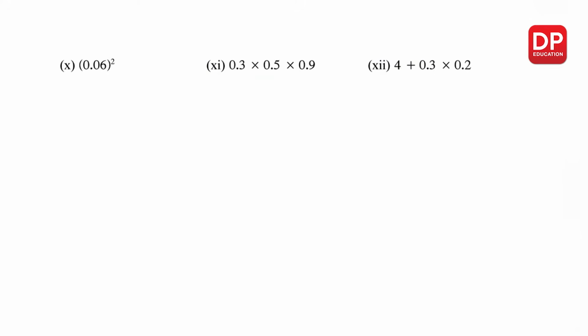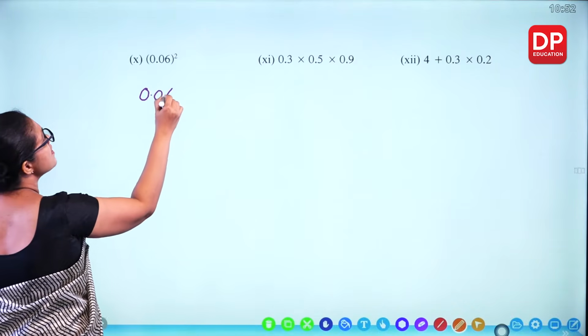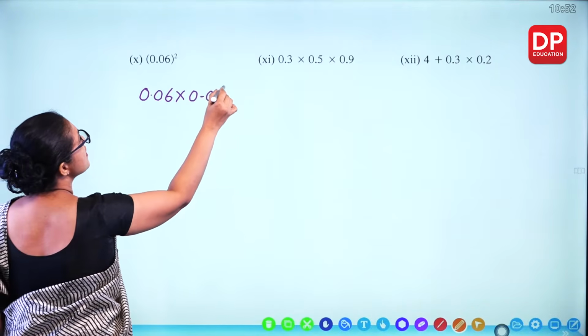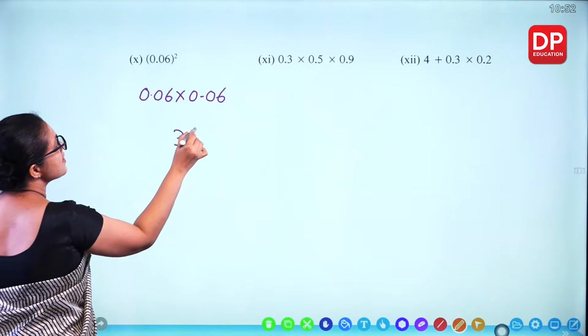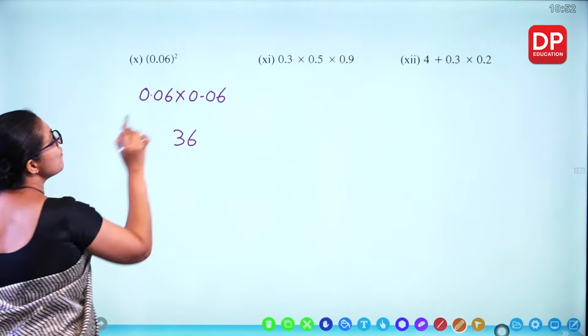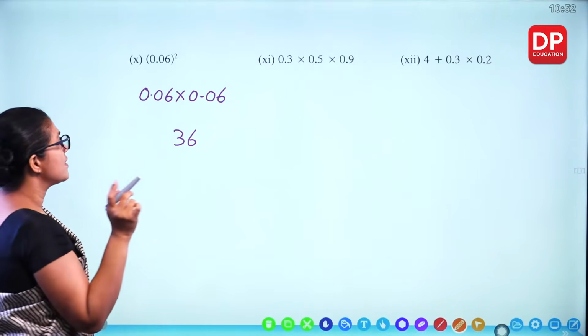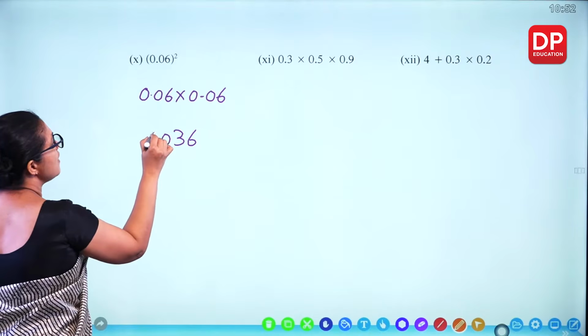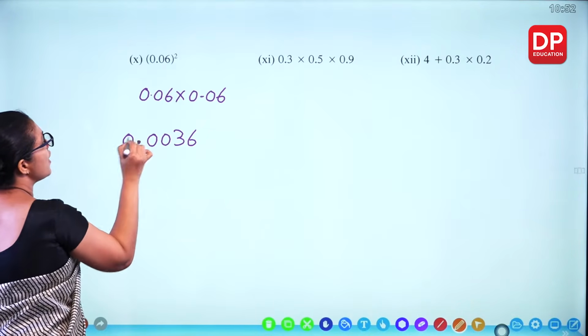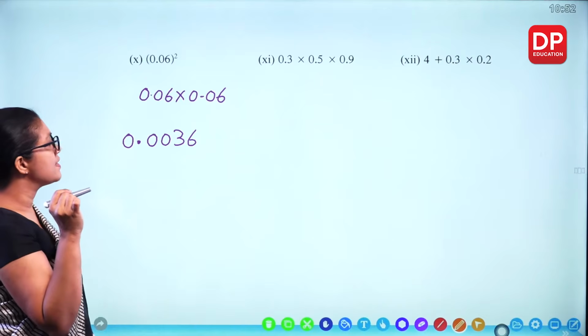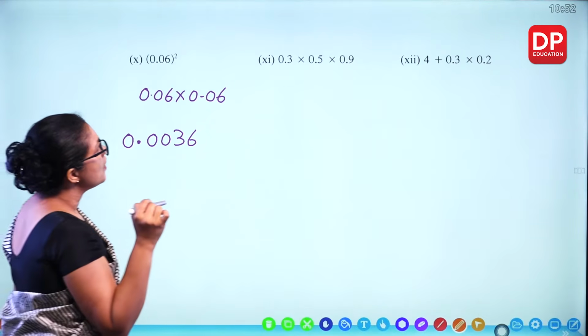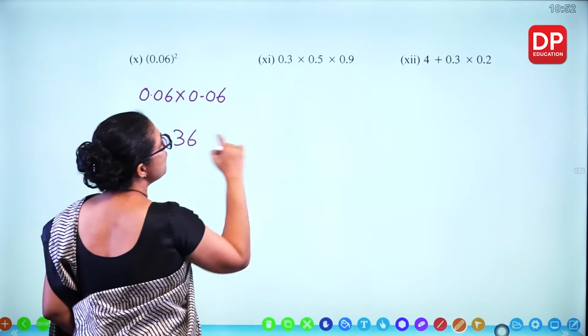This one, 0.06 into 0.06. 6 times 6, 36. 2, 3, 4. Altogether 4 places you have to keep. 1, 2, 3, 4. So 0.0036.